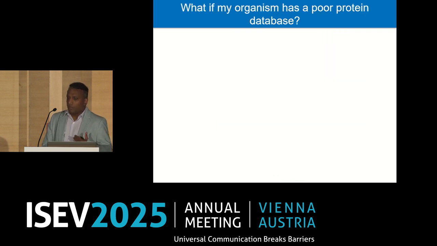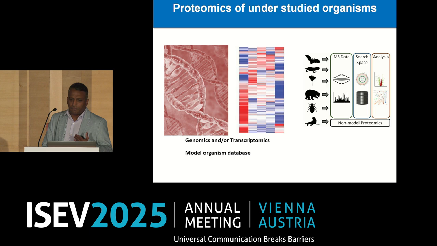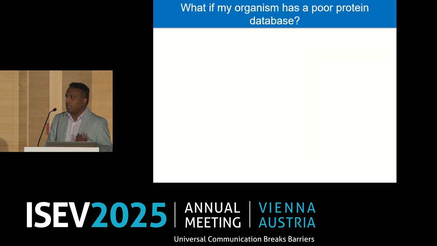One question I get often is, what if I don't have a very good database? This is based on the assumption that if you're working with a human or a mouse organism, you can easily isolate your EVs and match that to a database. But if you're working with an organism that does not have a very good database or a genome itself, how do you go about it?